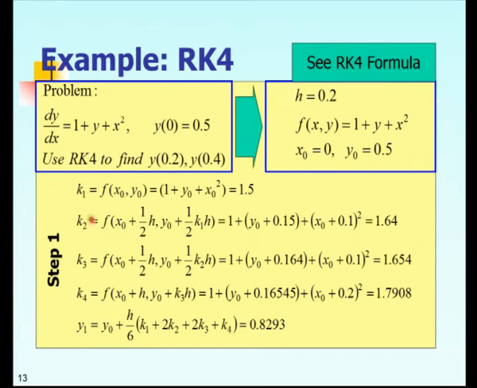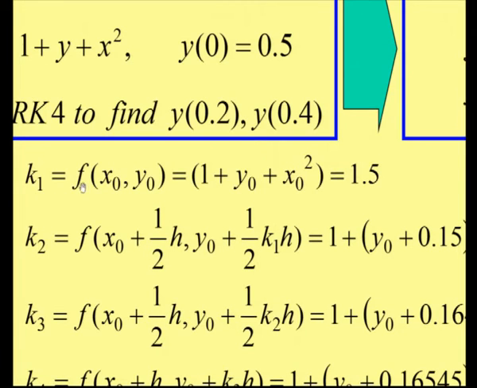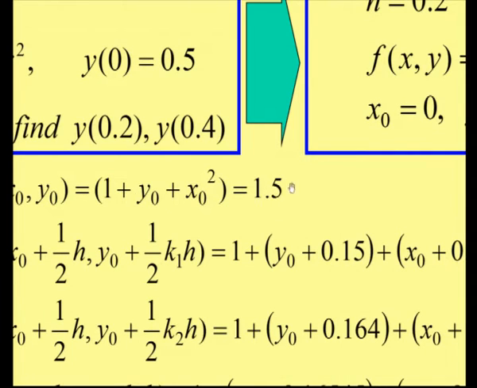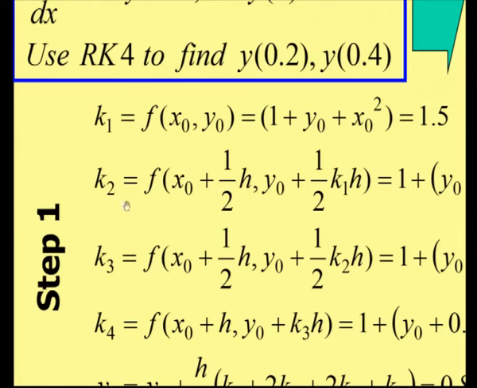So, using this you calculate k 1, the function value at x naught, y naught. So, f is 1 plus y plus x squared. Now you substitute here, and k 1 is 1.5. Now, we compute k 2: x naught is incremented with half h, y naught is incremented with half k 1 h. Here y naught we know is 0.5, k 1 we know is 1.5, x naught is 0.